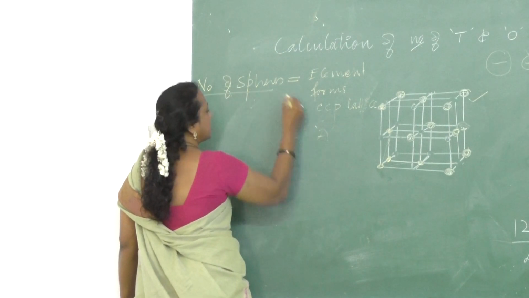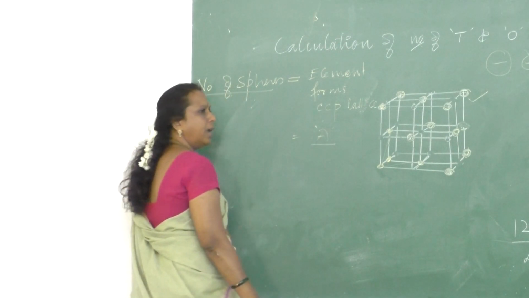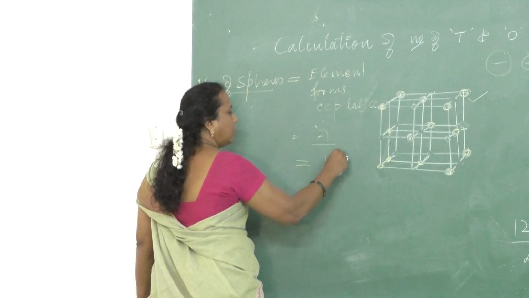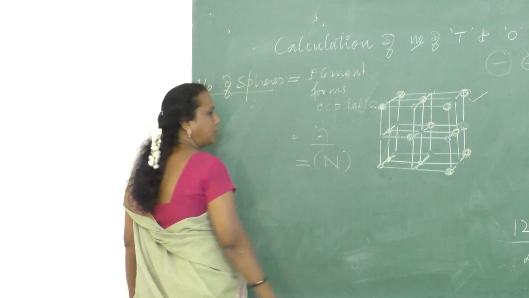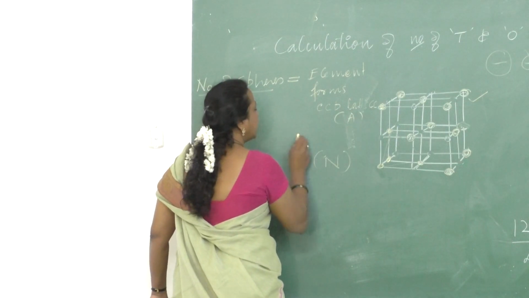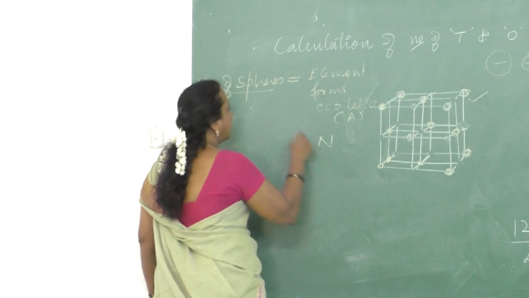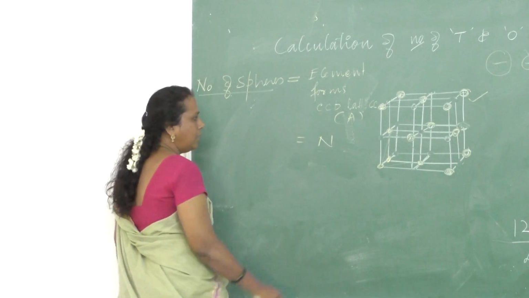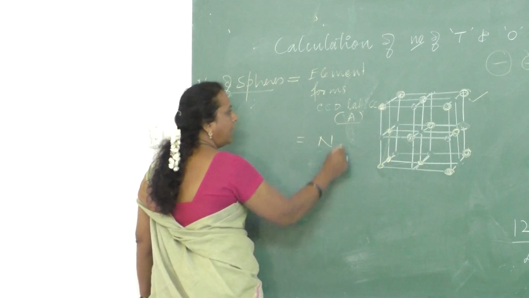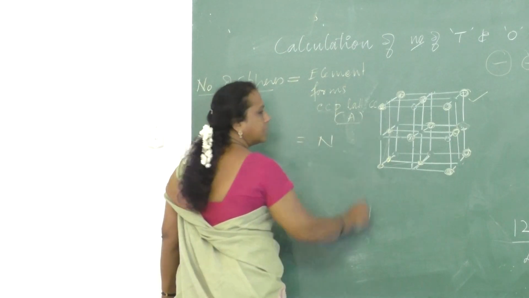Let me take it as n. It is equal to n. The number of spheres is equal to n, which are the atoms of the element A, which forms CCP.